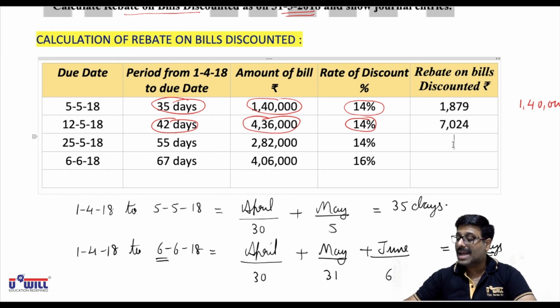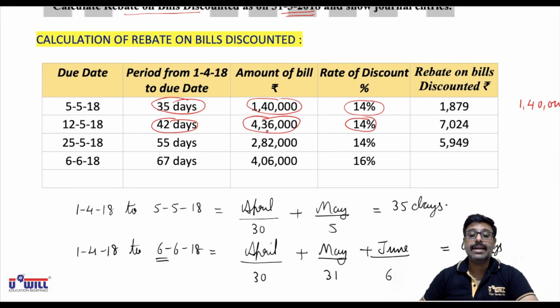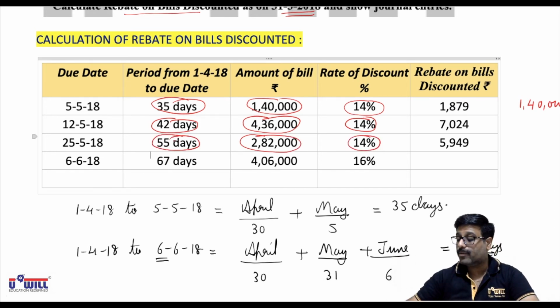Next, 2,82,000 into 14% into 55 divided by 365, that is 5949.